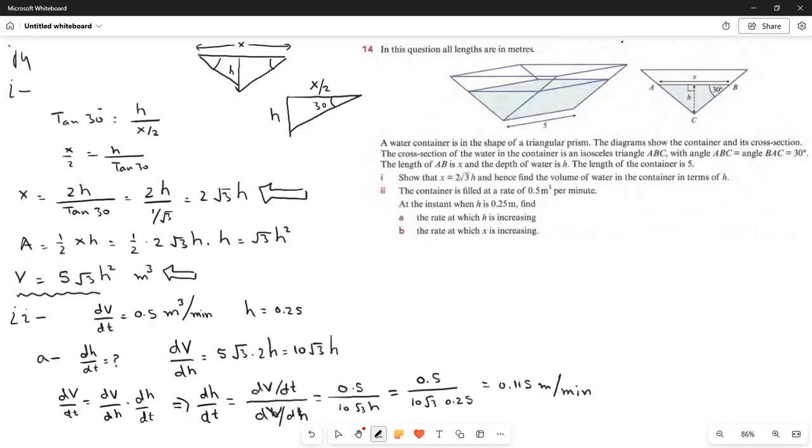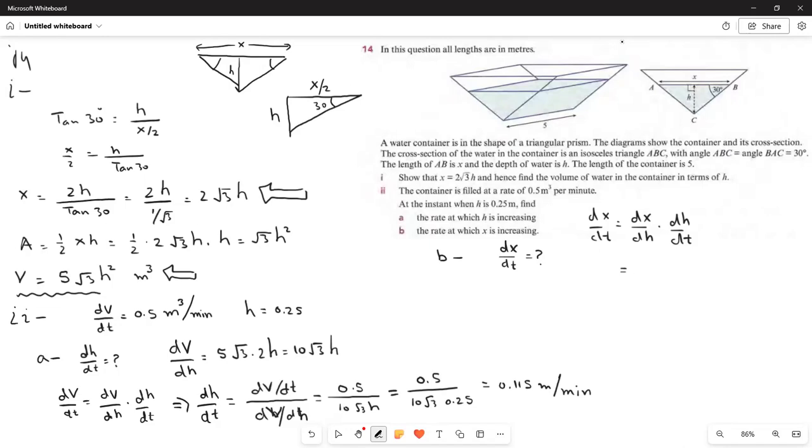And what is part B? The rate at which x is increasing. So we need to find dx by dt. We can do it this way. Remember, dx by dt is going to be dx by dh into dh by dt. Chain rule.